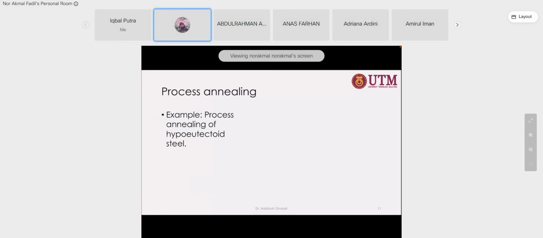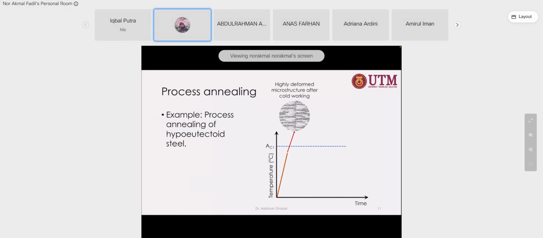For example, at this temperature, which is lower than the AC1 temperature, the highly deformed microstructure after the cold working process, we prolong the soaking time until we can generate the nucleation, new grain formation.